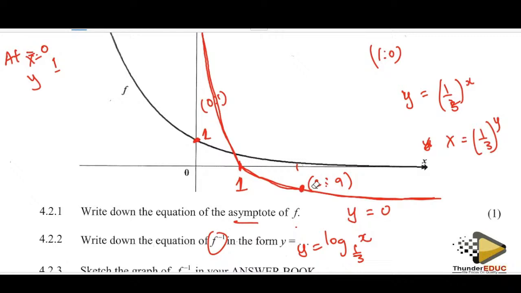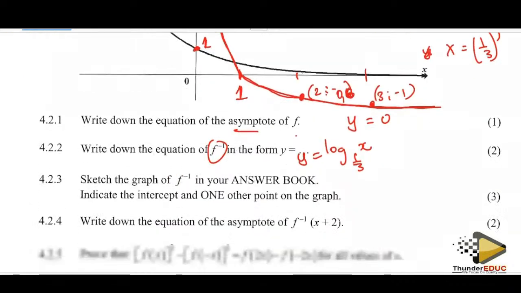I'm sorry. It's negative 0.6, something like that. If you put a negative 1 here, then it will become a 3, and so on. Remember, we just need one point.